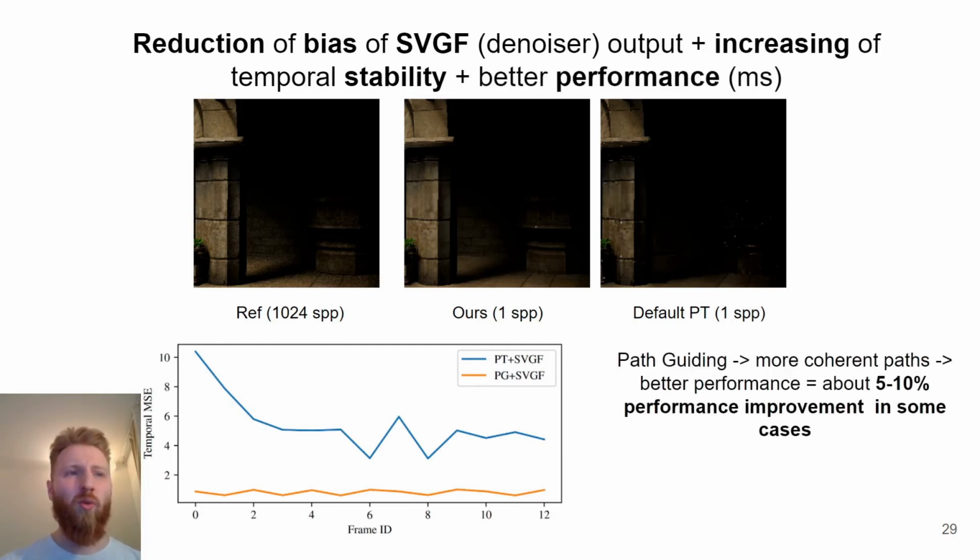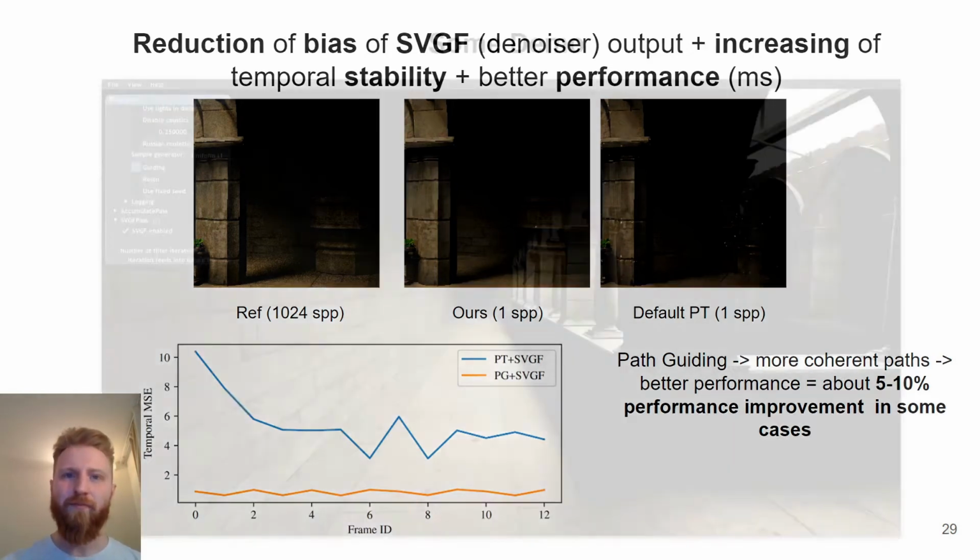And we also benchmarked our algorithm, and usually it doesn't lead to any degradation of rendering time, but sometimes it slightly improves the overall performance because using guiding mixture models makes the algorithm generate more coherent paths.